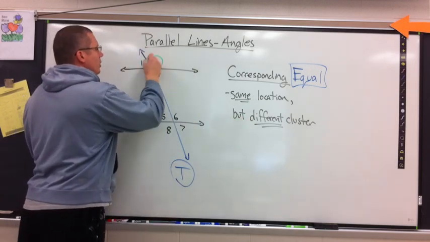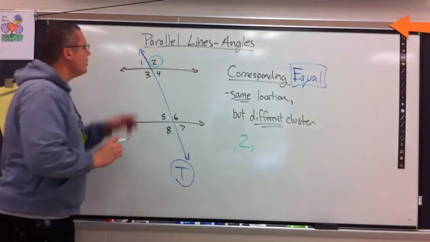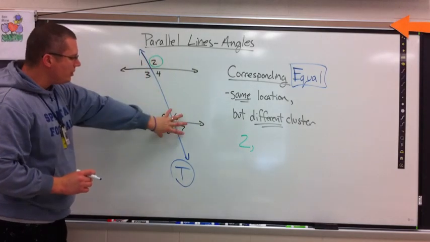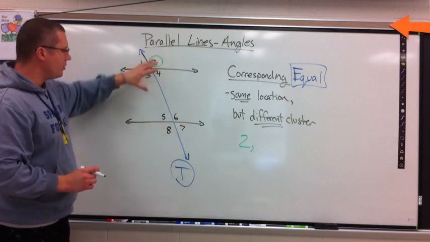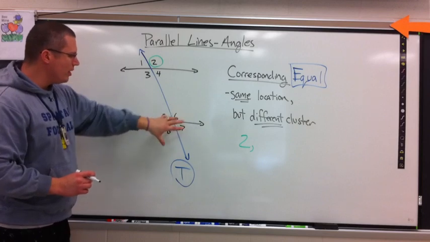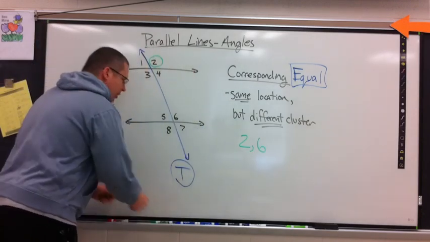So, angle 2 corresponds with what? Angle 2 is in the same spot as which angle from this cluster? Well, take a look at it. This is in the top right corner of this cluster. What is in the top right corner in this cluster? 6. 2 matches up with 6.